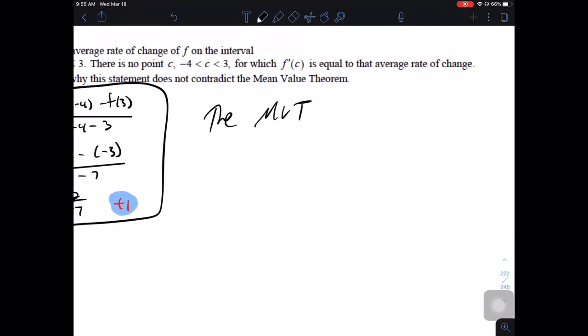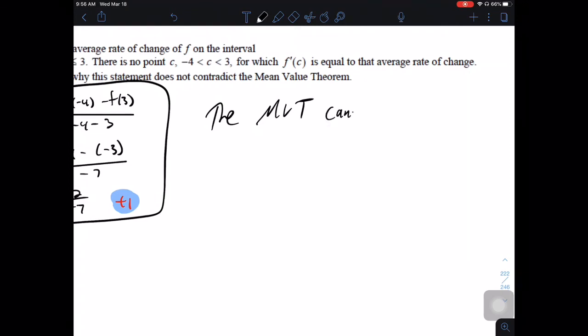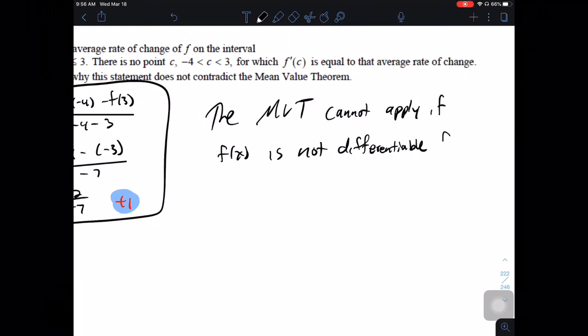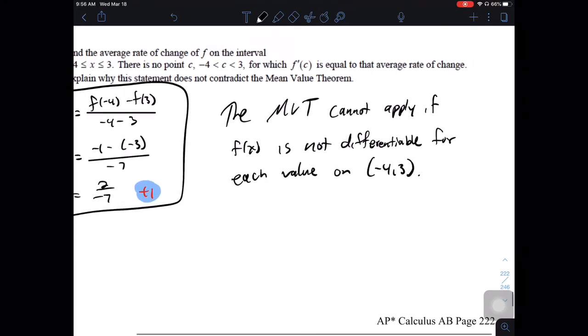The mean value theorem cannot apply if f of x is not differentiable for each value on negative 4 to 3.